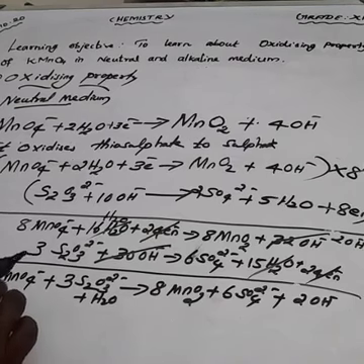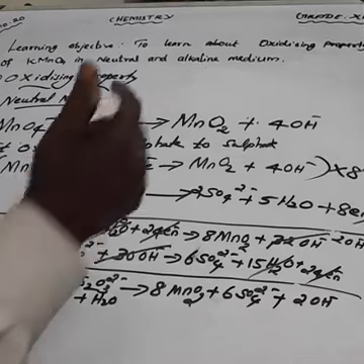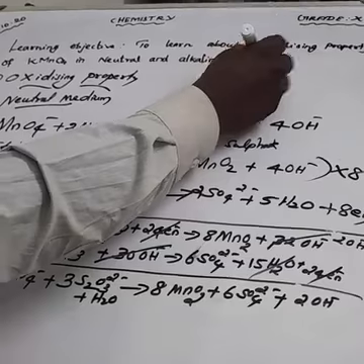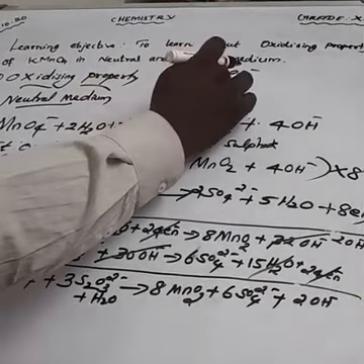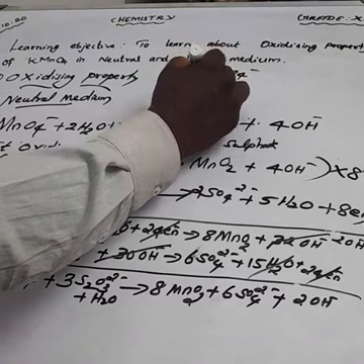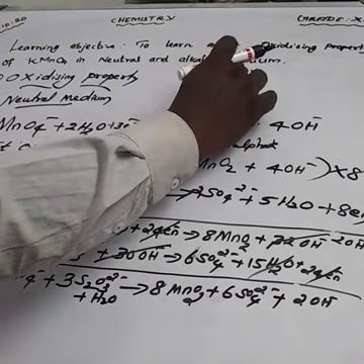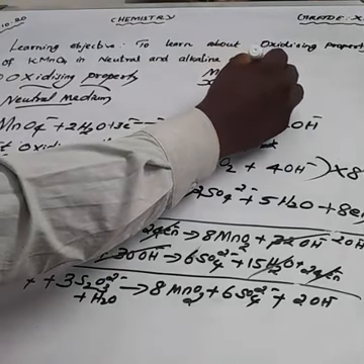Already I told you about MnO4 minus, how to find the manganese oxidation state. Mn is taken as X, plus oxygen, each oxygen carries -2, so 4 into -2.